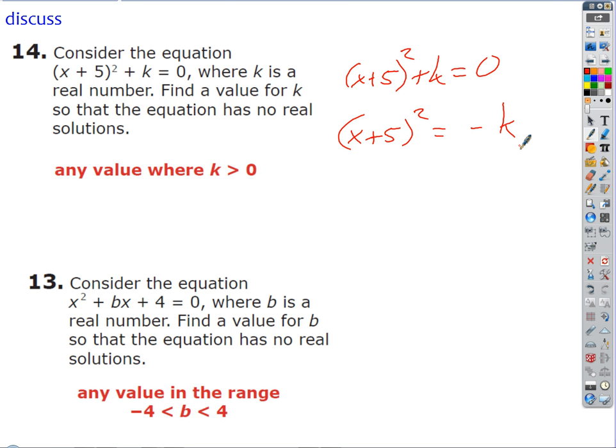How am I going to get i's instead of real solutions? What if I square root both sides? Right, so that does give me an example. All it wants you to do is pick one value of k that's going to make this have i's, non-real solutions.